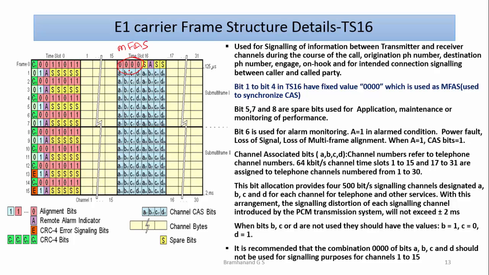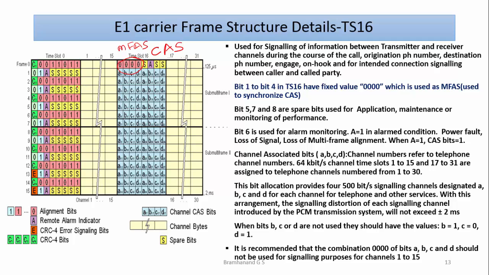So this indicates that it is the beginning of a multi-frame. So this is being used as a multi-frame alignment signal, which indicates that it is the beginning of a channel associated signal time slot. So what is this channel associated signaling?